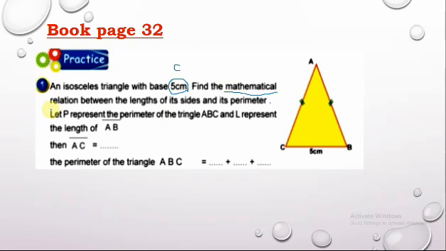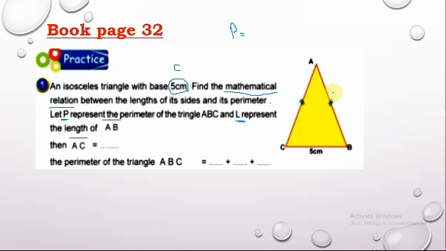Mathematical relation. So we are going to put the two variables or the variable and the constant and find the relation between them. Let P represent the perimeter. P represents the perimeter of the triangle ABC, and L represents the length of AB.